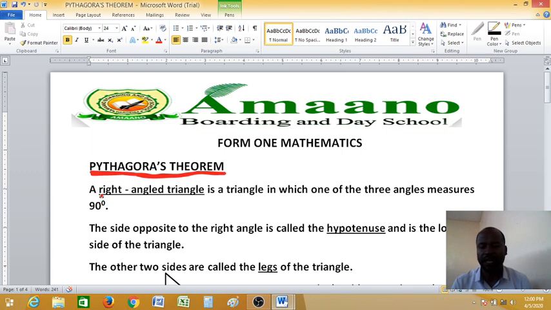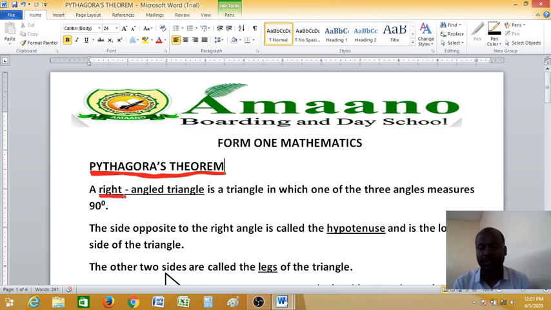Triangles can be classified into different groups based on their side lengths and the degree measure of the interior angles. From different triangles, we have a triangle called a right-angled triangle.